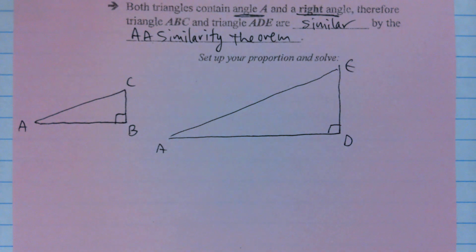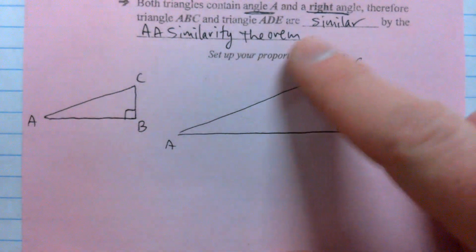So notice how angles B and D are both 90 degrees. And the bottom left angle in both triangles is angle A. So angle A could be 10 degrees, it could be 20 degrees, doesn't matter. We know that it is exactly the same, because it's the same angle.